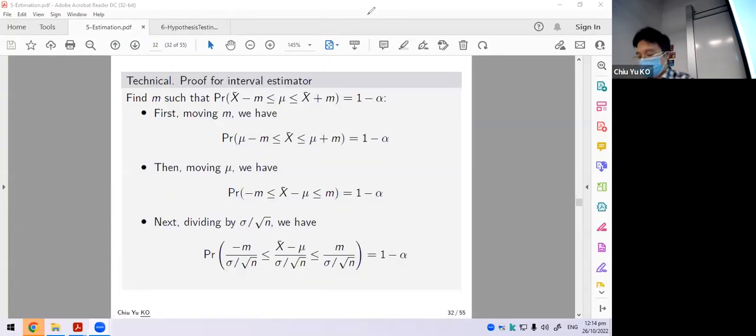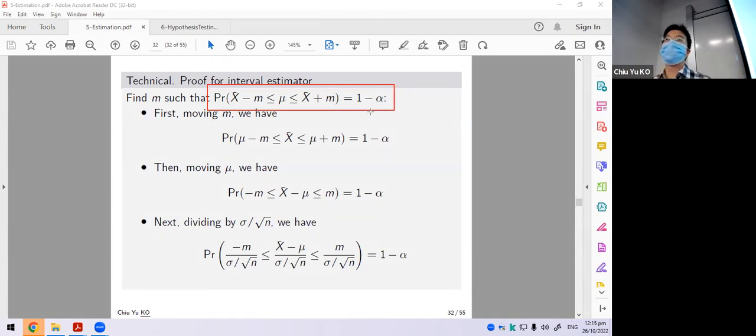Remember the goal is this guy: we want our interval to include the mean with high probability, where alpha is very small. Is that clear, this statement?